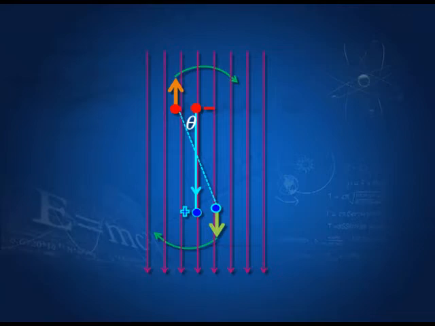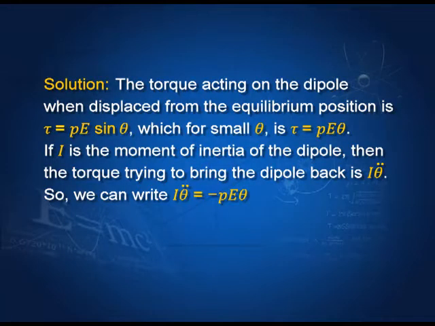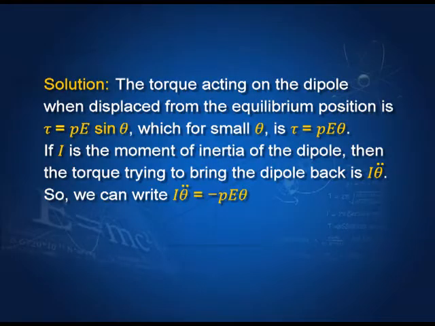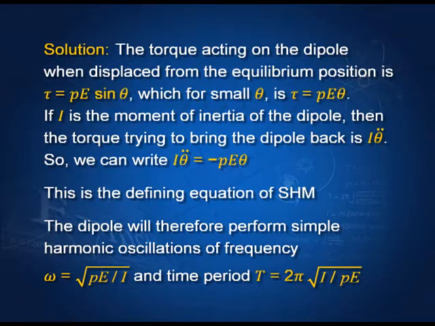So, this torque which brings it back is I times theta double dot, I times d2 theta by dt square, and so the angular acceleration is proportional to the angular displacement. That is the signature of a simple harmonic motion. So, it performs simple harmonic motion and the time period is 2 pi square root of moment of inertia divided by PE.